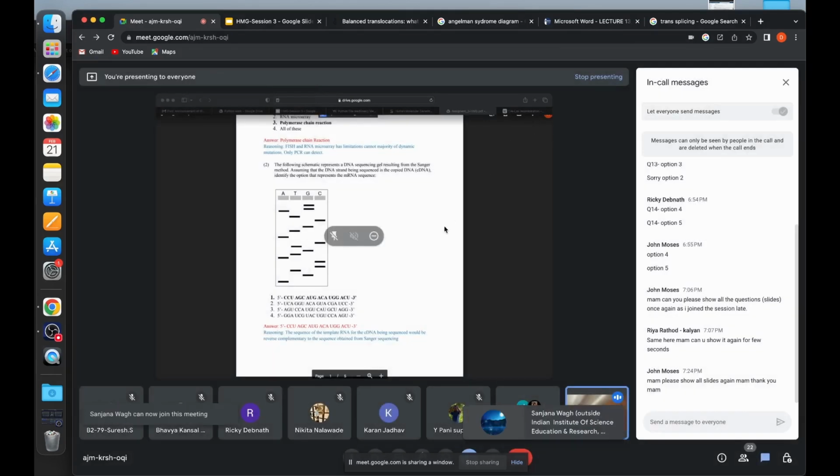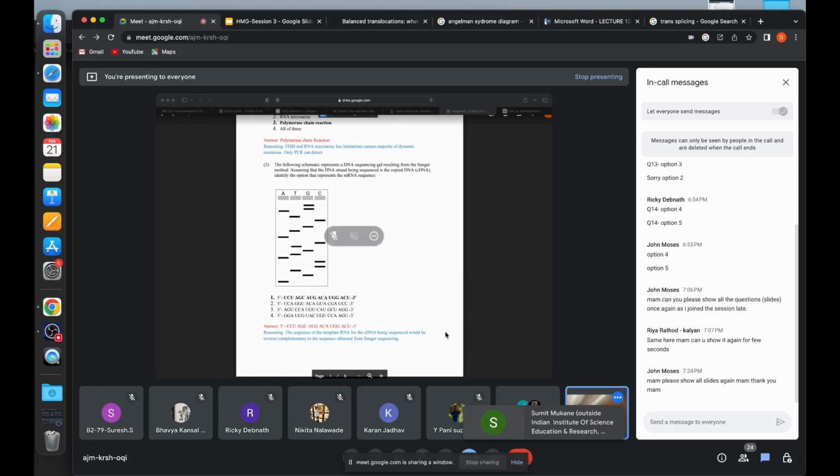In mRNA there will be U in place of T. So CC, in place of A it will be U. So CCU, then again A, because A is complementary to T, and for the C present here, in the complementary RNA there will be G, then C, then A, then U. Where you observe A in this band, its complement will be T in the DNA, and for RNA it will be U. So in this sequence you'll find U here.